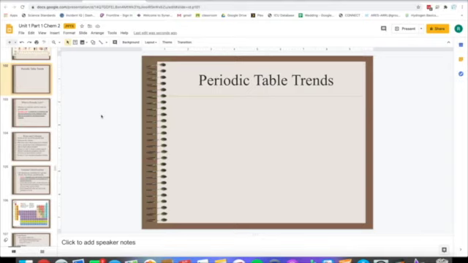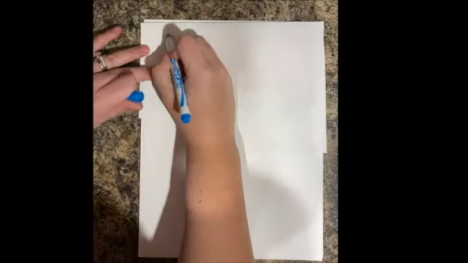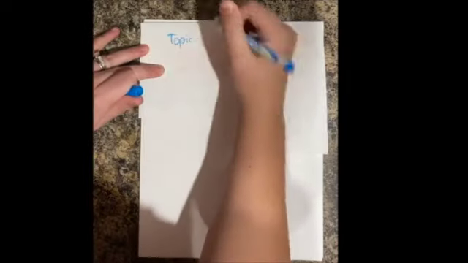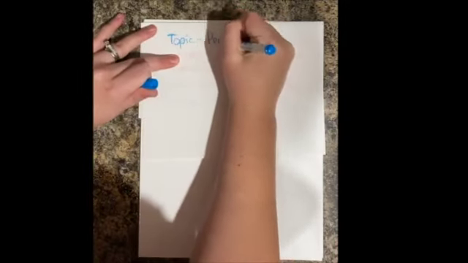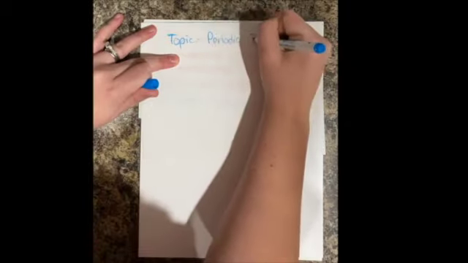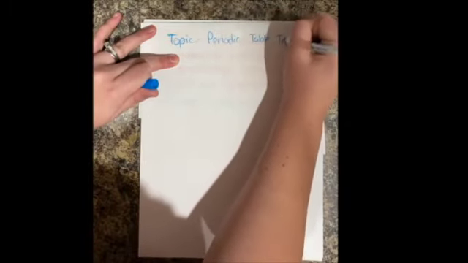Hello everyone. So today we are going to be talking about periodic table trends. Today your topic is periodic table trends.